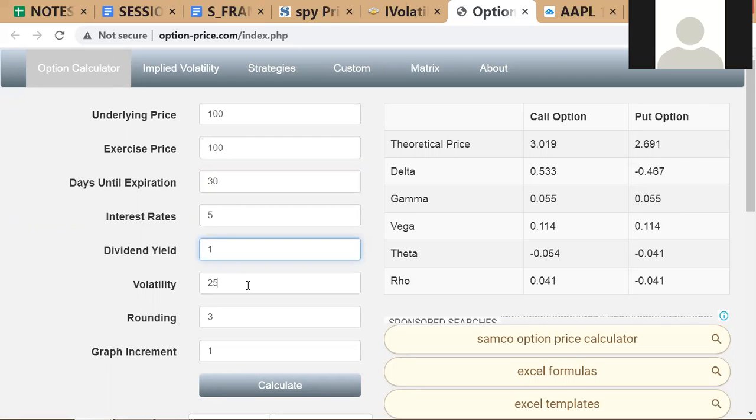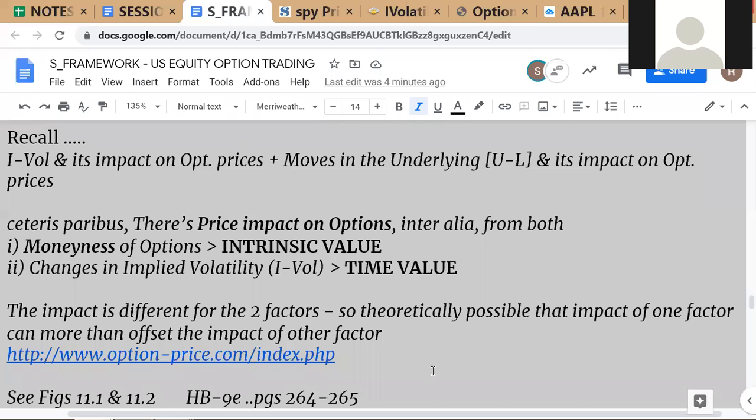The vol input affects the model's perception of how much movement can happen in the option prices. The greater the vol input, the greater the movement that is possible, and therefore these values will jump up if we increase the vol input. So there are two things that determine the time value: the implied vol and the days until expiration.